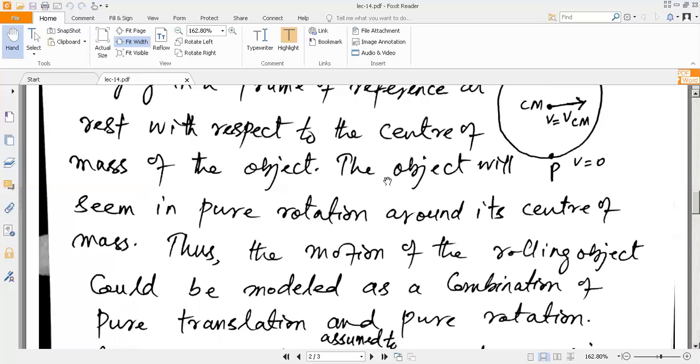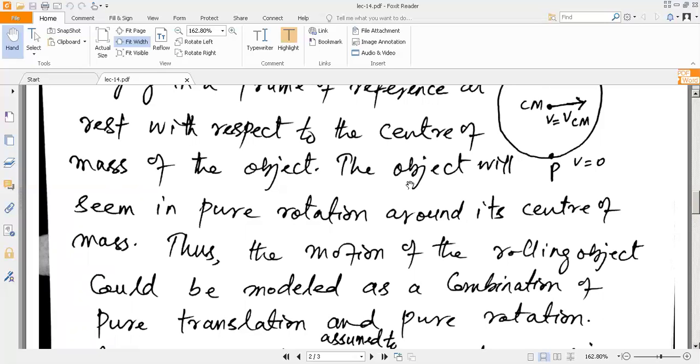When the observer has a similar translational speed as that of the center of mass of the rolling cylinder, then the only motion observable for the observer will be the rotation or rotational motion of the cylindrical object.